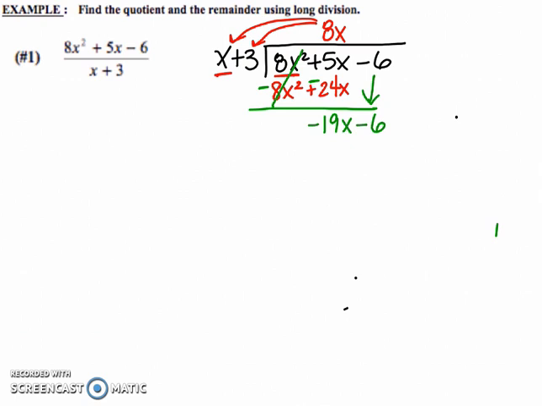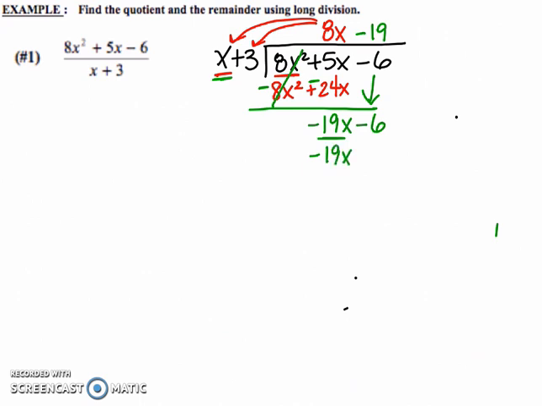So now we have to repeat this process one more time. So now we are looking right here at the x and right here at the negative 19x. And we say, what would we have to multiply x by to make negative 19x? Well, that's going to be negative 19. So then we multiply negative 19 times x. We get our negative 19x.